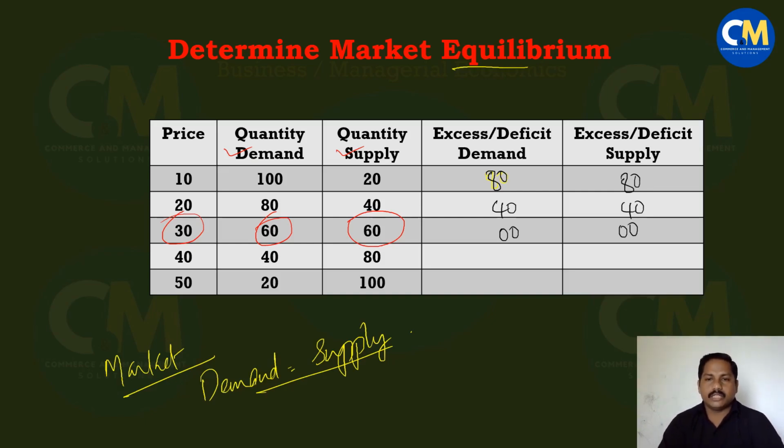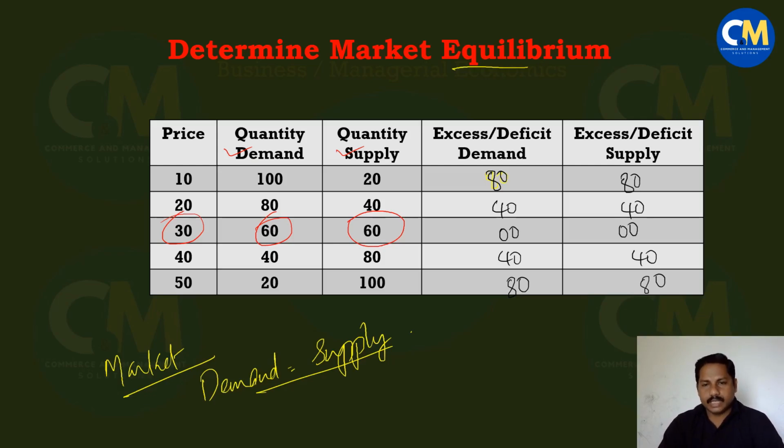Coming to this, 40 is the deficit in demand, and 40 is the excess supply, because demand is 40 but the producer supplied 80 quantity into the market. Here 80 is the shortage, meaning the deficit is 80, but here 80 is the excess, because supply is 100 but demand is only 20.